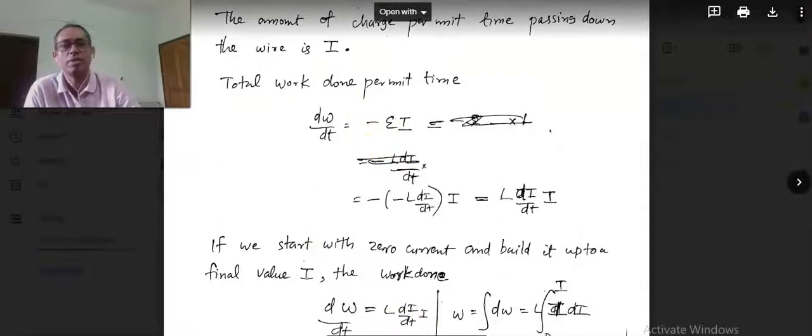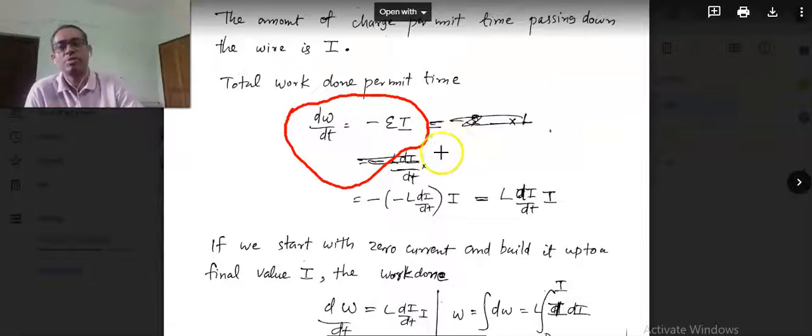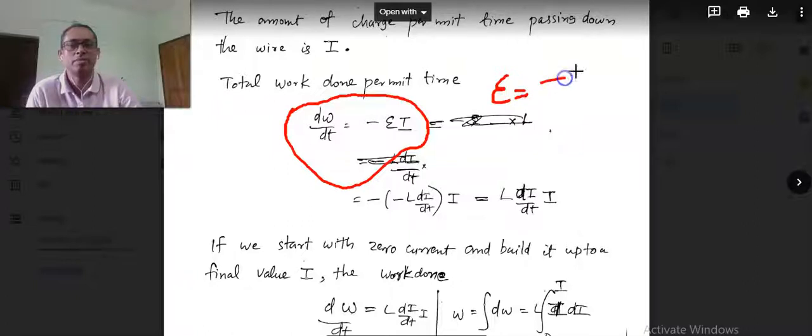The work done per unit time is given by dW by dt equal to minus epsilon I, because I amount of charge is flowing in unit time. For epsilon we know that this is equal to minus L di by dt, which we saw in the last class.